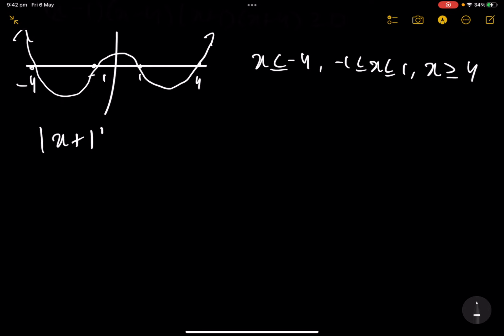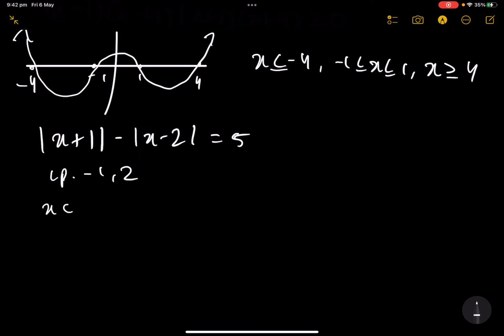Absolute value of x plus 1 minus absolute value of x minus 2 equal to 5. Solving this, we just take cases, let each equal to 0. The critical points will be, oh my, cannot spell today or anytime. Critical points would be -1 and 2.